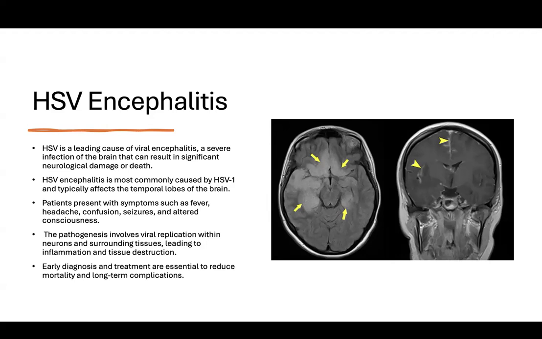And that is extremely dangerous because you can have fevers, headaches, confusion, seizures, and altered consciousness. So it can be very dangerous. Of course, this is not limited to encephalitis. You can go inside to the organs and kill them. And usually this encephalitis is mostly caused by HSV1 because, again, HSV1 is usually the one that's more in the mouth.